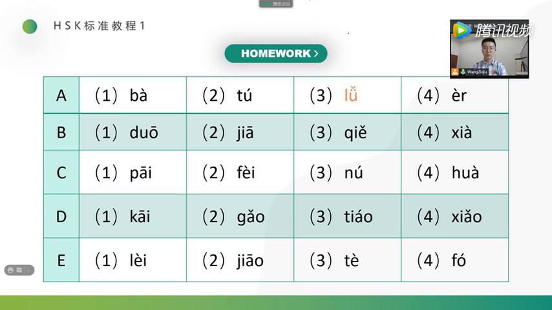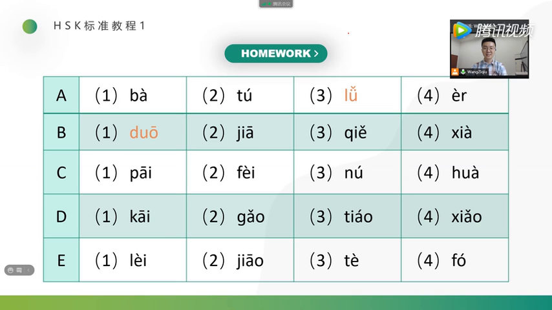We will start from line B. Are you ready? Listen. 多. Good. We should choose number 1.